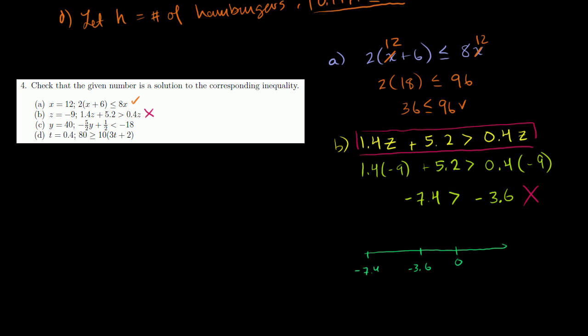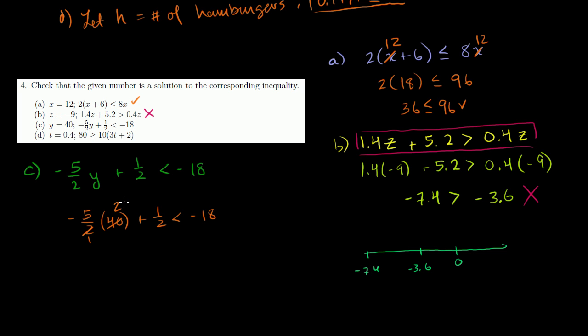Part C. They have minus 5 halves y plus 1 half is less than negative 18. And they're claiming y equal to 40 is a solution. Well, let's try that out. So minus 5 halves, instead of y, I can write 40, plus 1 half is less than minus 18. That's their claim. So 5 halves times 40, divide the numerator and denominator by 2.